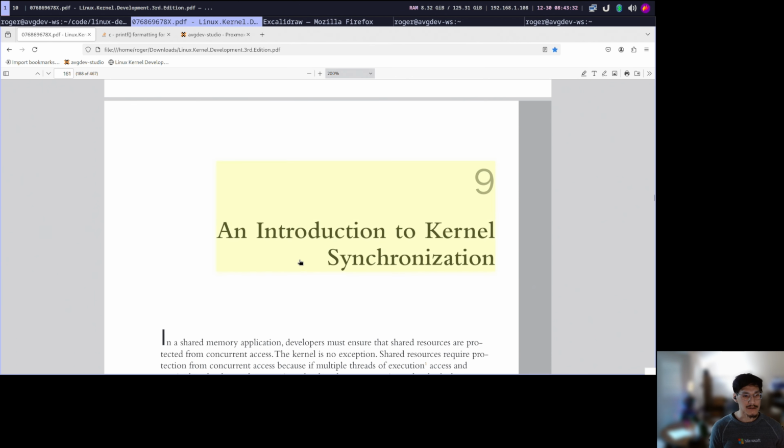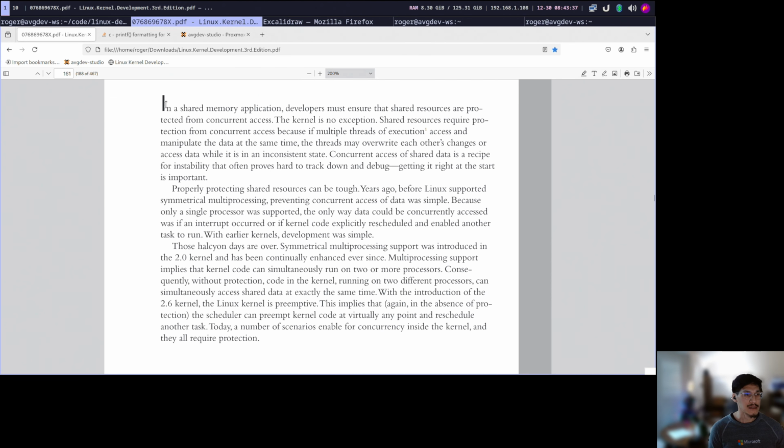Introduction to kernel synchronization. In a shared memory application, developers must ensure that shared resources are protected from concurrent access. And concurrency usually means, as the book has said before, writing to shared data.